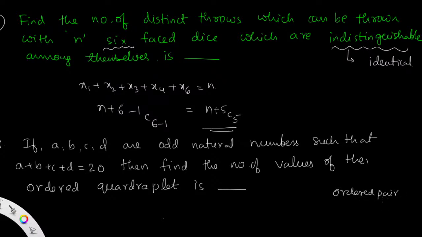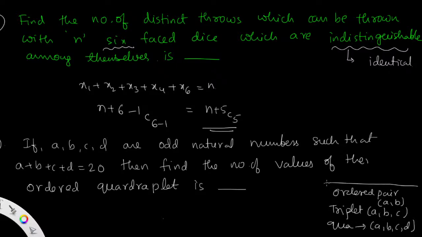Ordered pair is A, B. Triplet means A, B, C. Quadruplet means A, B, C, D. Ordered pair means only two numbers are there. Triplet means A, B, C in the ordered form. Quadruplet means A, B, C, D. Okay.